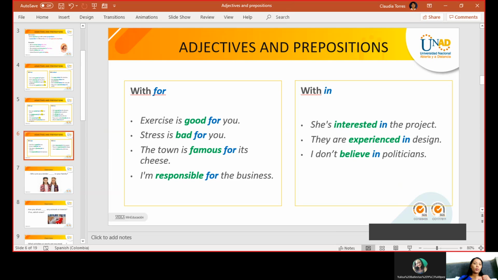Or I'm responsible for my students, so I have to take care of them. But when you're talking about an ability like math, you need at. I'm good at playing the piano, things like that.